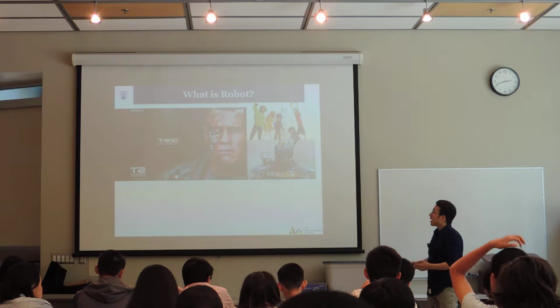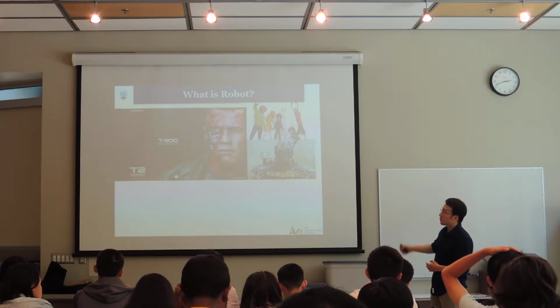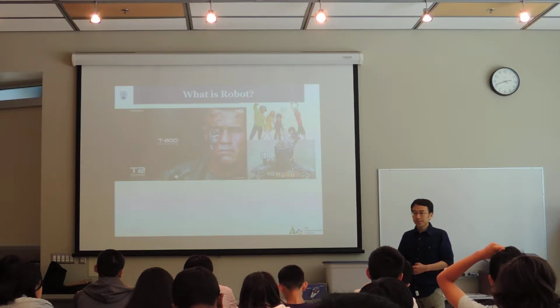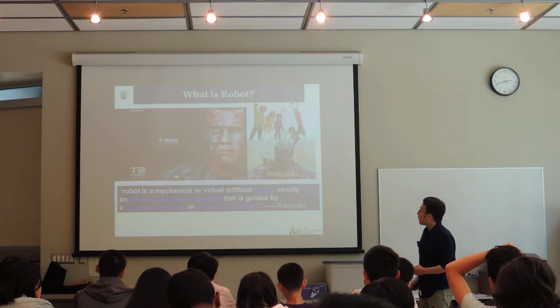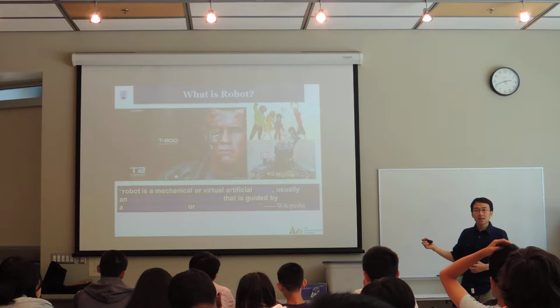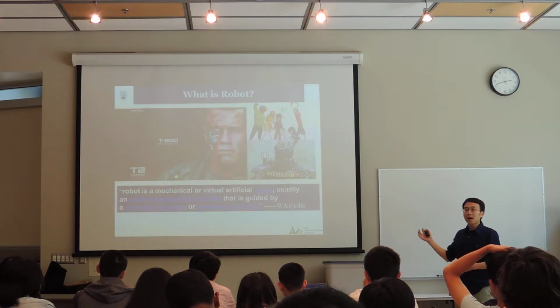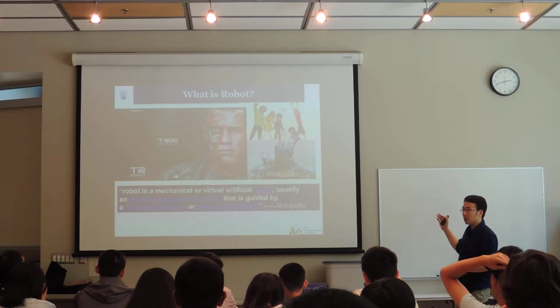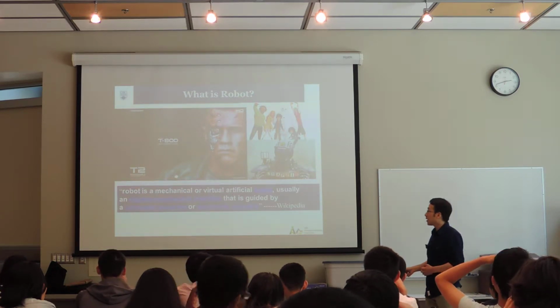That's why it's very hard to give a common definition of a robot. But today, I found one from Wikipedia that at least met my idea about robots and also met the topic we are going to talk about today.